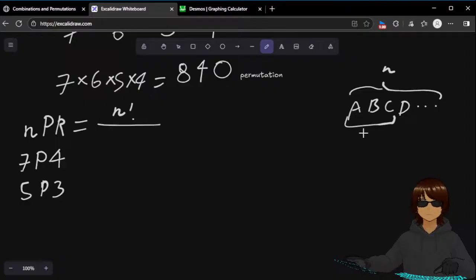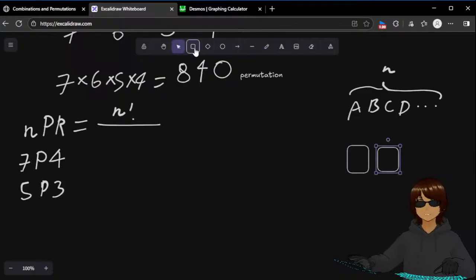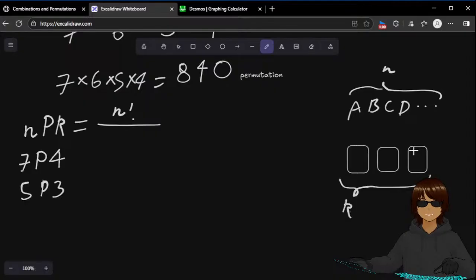But if you have only k number of boxes, and you want to know how many ways there are to put n objects in k boxes, then we divide.